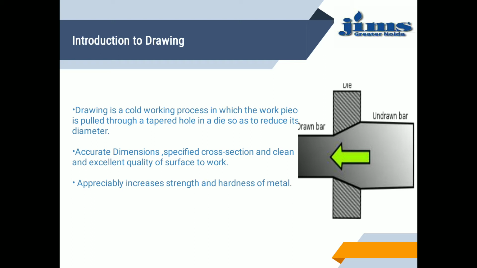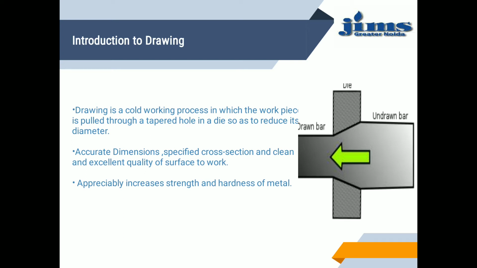So, at the start of wire drawing, the front end of the rod or wire is pointed by cutting or squeezing so that it can freely enter through the die opening, as can be seen clearly from the diagram. At the other end, the drawn bar is pulled through the die to obtain sufficient length so that the wire can be attached in jaws of a power operated reel.